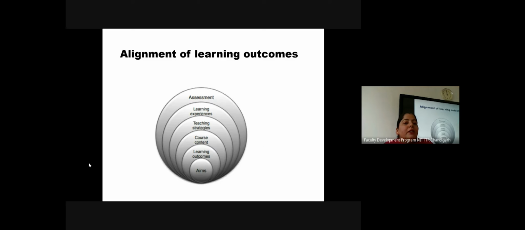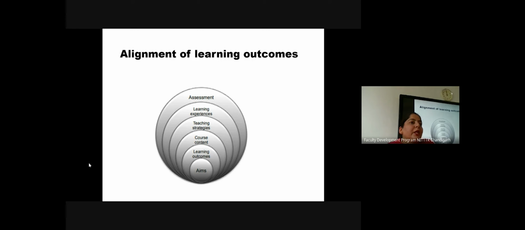Another thing that we need to consider over here is the alignment of the different learning outcomes. On Friday, the last session will be taken by Dr. Meenakshi Sood from the CDC department, and she is going to elaborate on this particular topic. But up to the basic level of understanding, when it comes to the alignment of the different learning outcomes, first we need to define the aim.